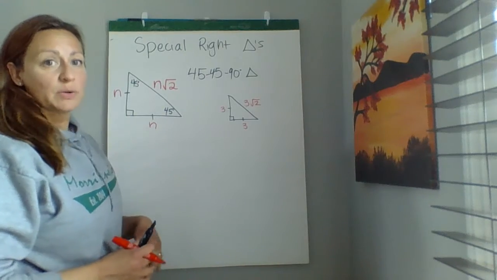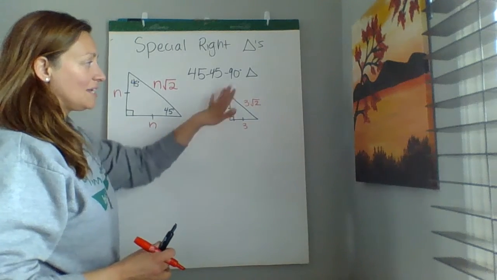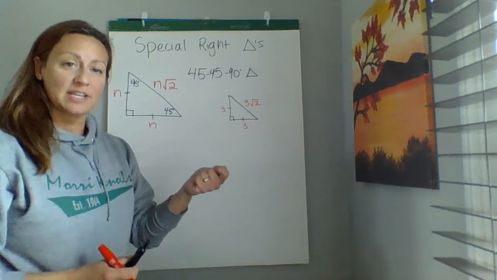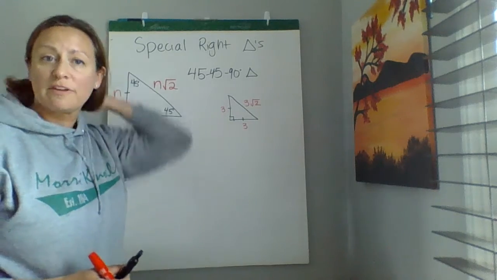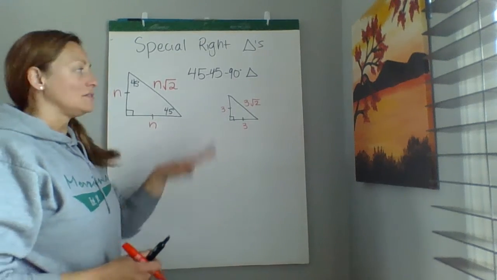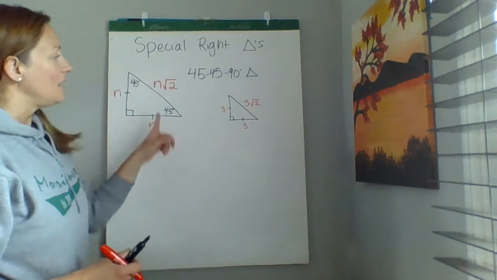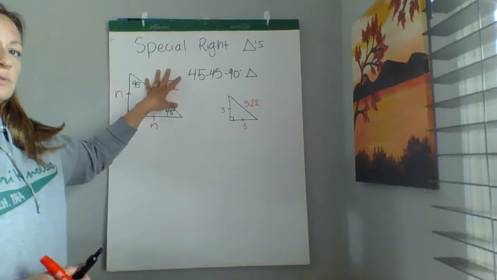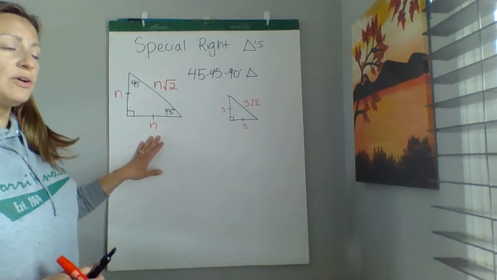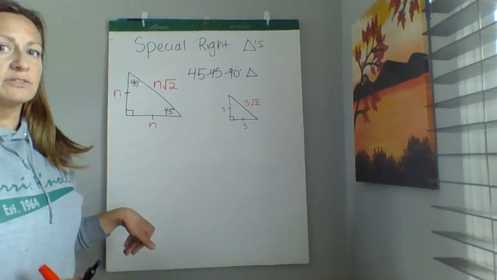The tricky kind of equation is if they give you the hypotenuse and ask you what the leg is, and you recognize it's a 45, 45, 90, so you decide to use this relationship. And basically, to go from hypotenuse back to leg, all you need to do is divide by radical 2.